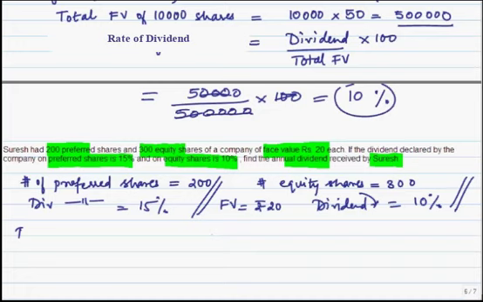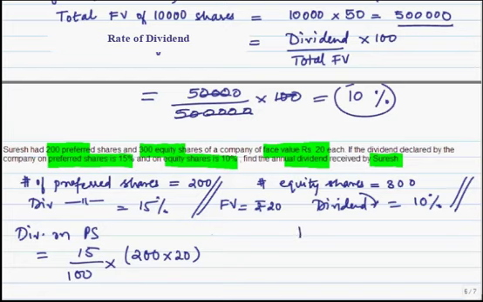So what will be this dividend? So dividend on preferred shares will be equal to 15 upon 100 of the total face value. What is the total face value? 200 into 20. There were 200 preferred shares and 20 was the face value. Similarly, dividend on equity shares will be equal to 10% of how many number of equity shares? 300. What is the face value? 20.